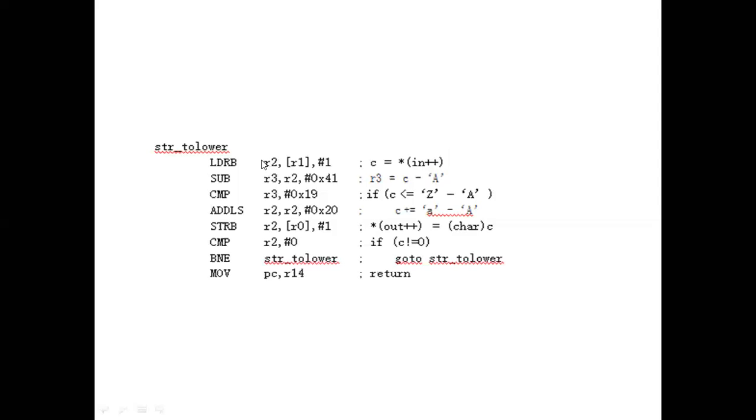Three cycles, this one, LDRB, three. I'm talking about the entire subroutine. How many cycles does it require? This is two cycles. This is one, this is one, this is one, this is also one, this is one. This is three, and this is one. That is 2, 3, 4, 5, 6, 7, plus 3 is 10, plus 1 is 11. 11 cycles are actually required.